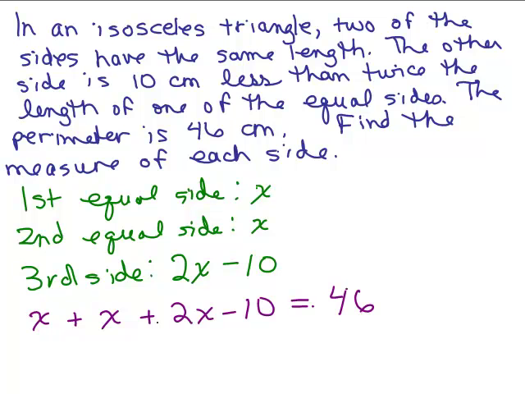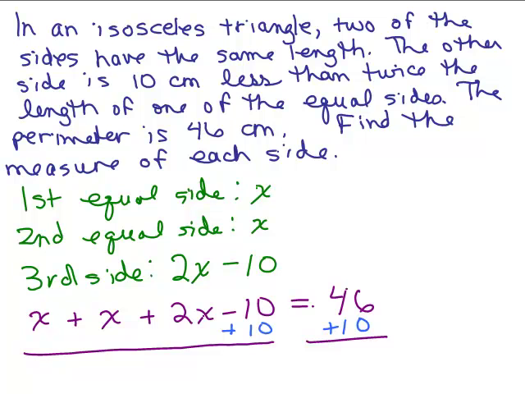All right, so now we need to solve this equation. So we need to add like terms on the left, so I'll have the x terms on the left-hand side. At the same time, I'm going to go ahead and just add 10 to both sides. So I'm going to add 10 to both sides, and I'm also going to add the x plus 2x up.